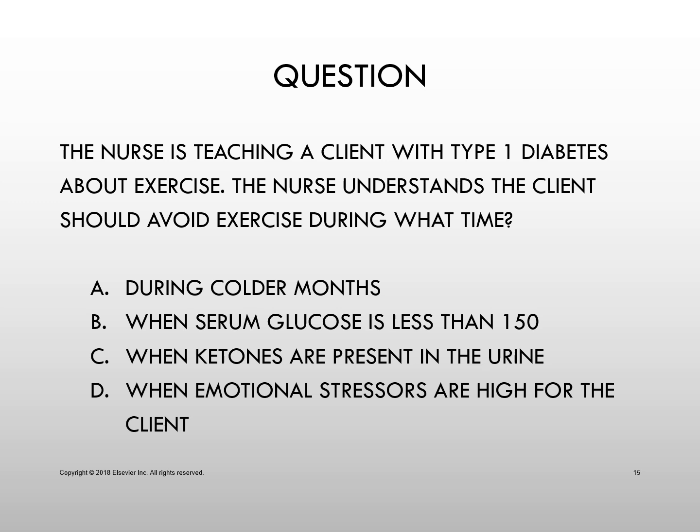The correct answer is C. If we have ketones in the urine, then the client is burning fat for energy. So exercise should be avoided. That indicates that the current insulin levels are not adequate, and exercise is only going to elevate the blood glucose levels. Correct answer, once again, C.